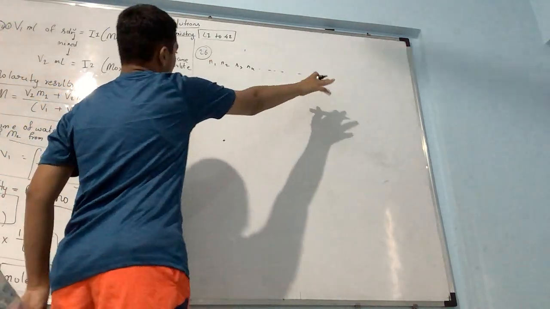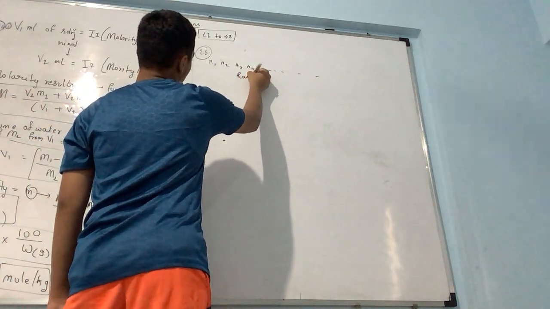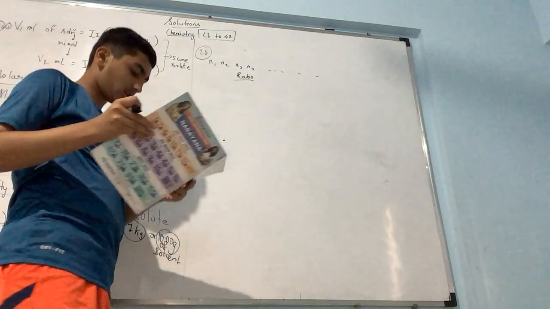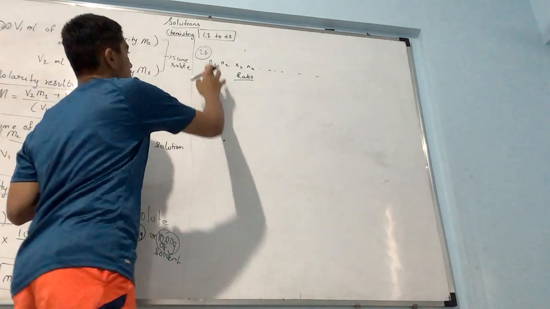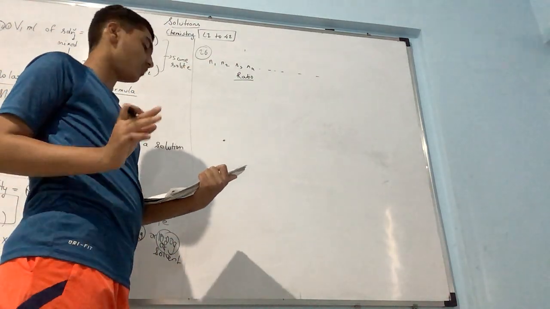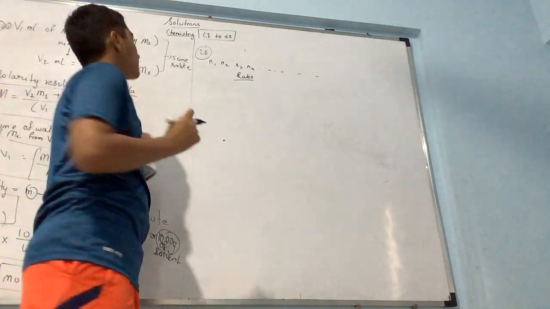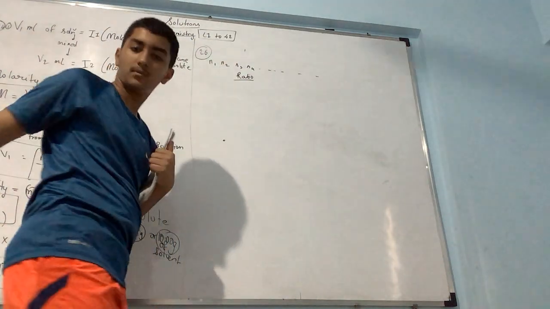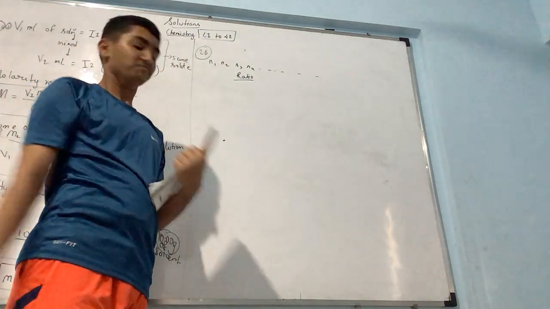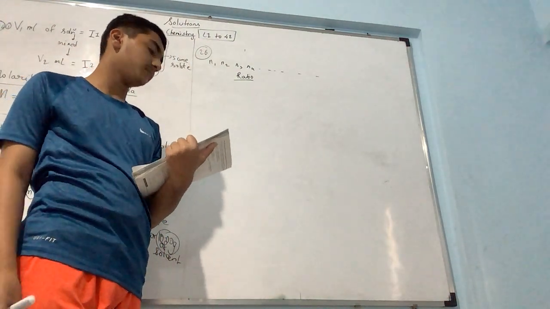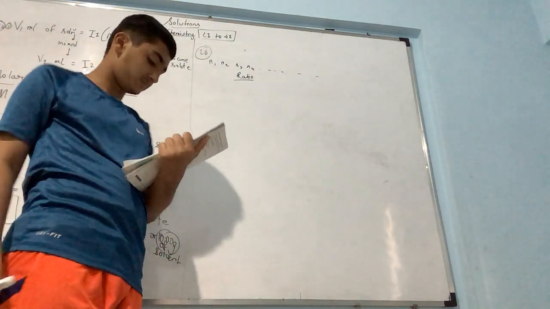If they are asking the ratio of the number of moles, what is it given? The ratio between the number of moles of a component of the solution to the total number of moles.